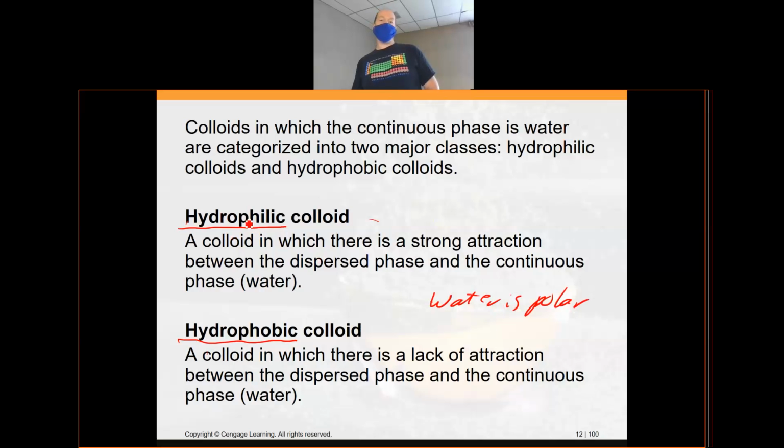Hydrophilic means it's going to be polar. Like dissolves like, polar and polar. Hydrophobic is going to be non-polar. Non-polar and polar do not mix. They make immiscible two layers, and non-polar things are called hydrophobic, which means they do not like water.